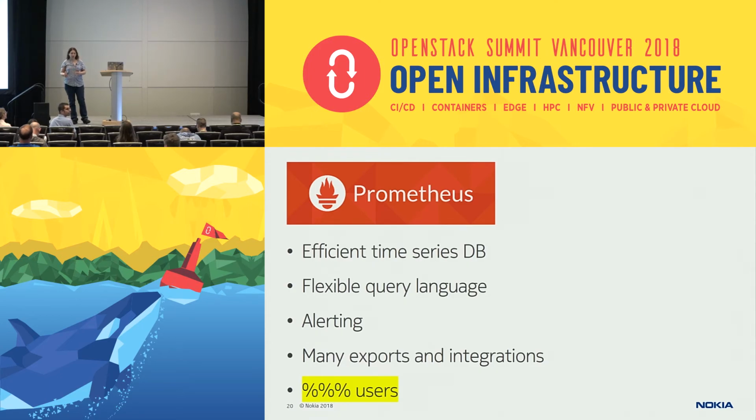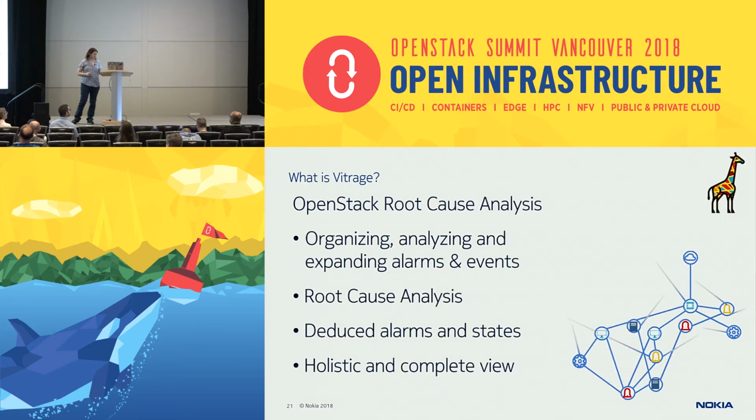So I think that this is one of the reasons that Prometheus became so popular. Although 67% of Kubernetes users use Prometheus, most of them are actually using another alert system or other Kubernetes monitoring.